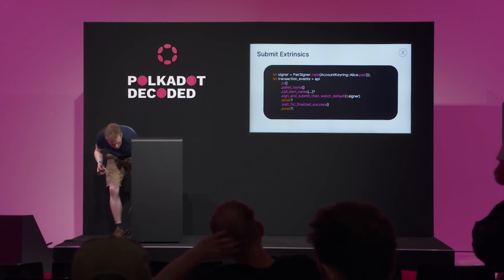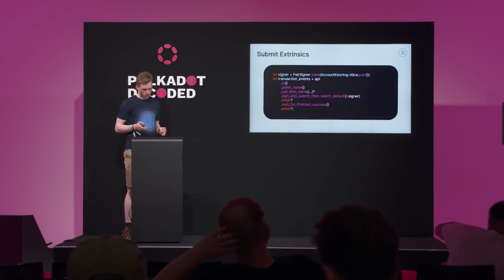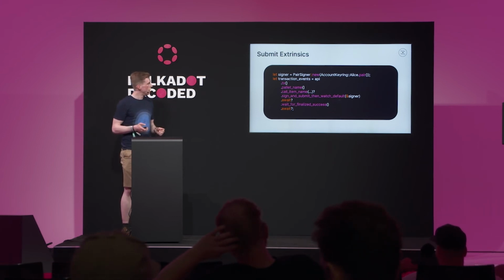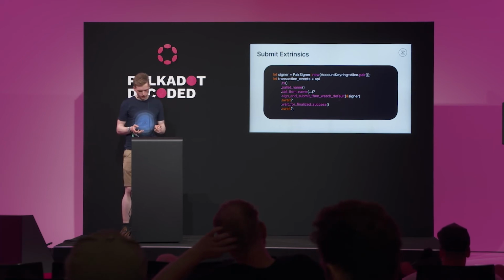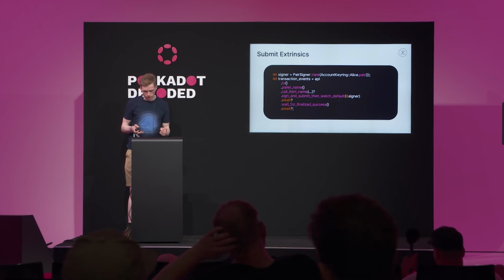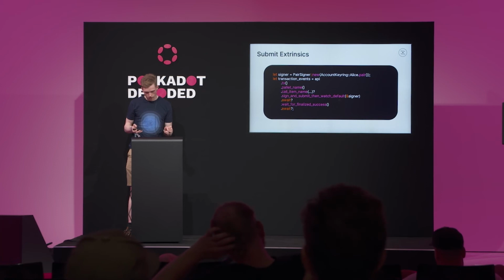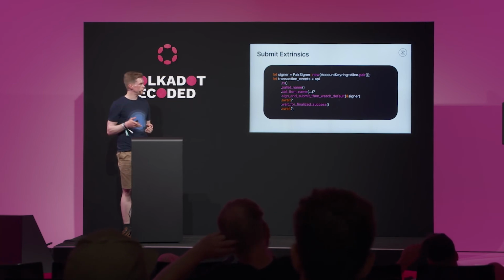Now, the main matter of subxt is to submit extrinsics. So for this, we need a signer, which we haven't needed before. We can use a number of different crypto primitives for that. I think the default one supported is SR25519, Schnorrkel Ristretto. And in this case, we can use the default set of testing accounts. So we can use Alice.